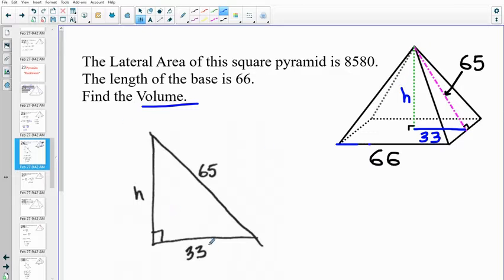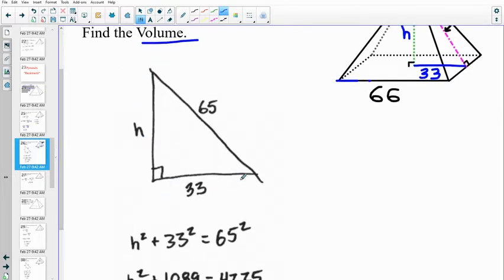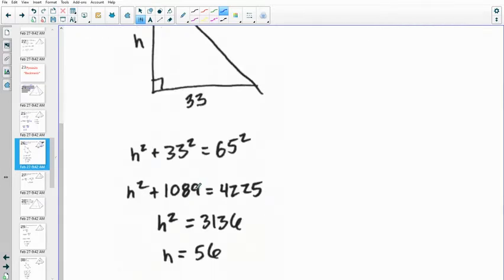I've got the right triangle drawn again over here. The Pythagorean theorem tells me that h squared plus 33 squared will equal 65 squared. So I plug these numbers into my calculator and subtract 1,089 from both sides.